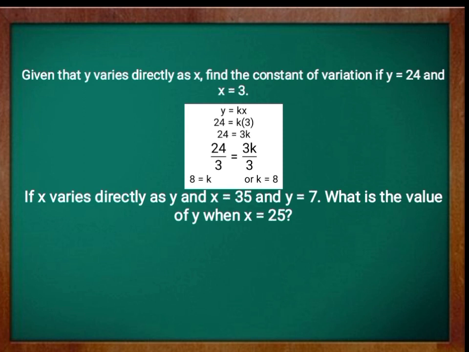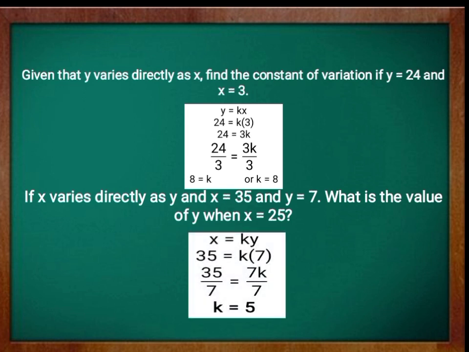If x varies directly as y and x is equal to 35 and y is equal to 7, what is the value of k when x is equal to 25? So x is equal to ky. We have our x, 35, is equal to k times 7.